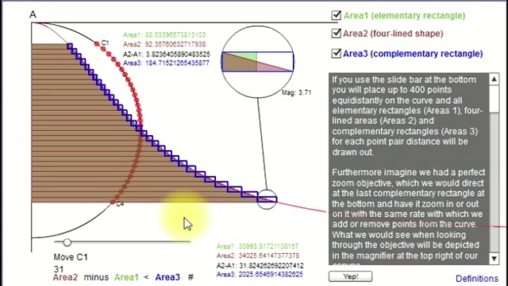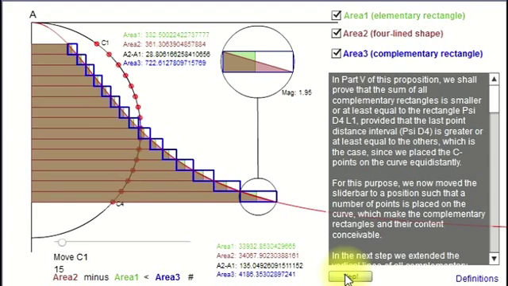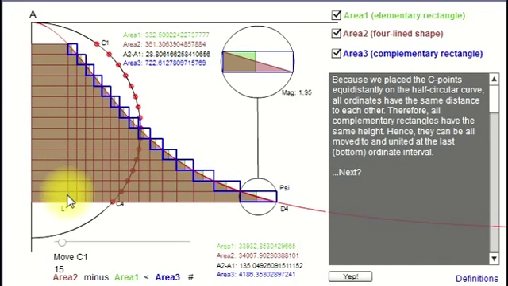And another aspect of this viewpoint becomes visible as we draw out a little comparison. So we made the ordinate intervals to some degree conceivable now, and now we draw out the verticals from each side line of each complementary rectangle. And what you could do now is take each and every one of these complementary rectangles and drop it to the very last ordinate interval.